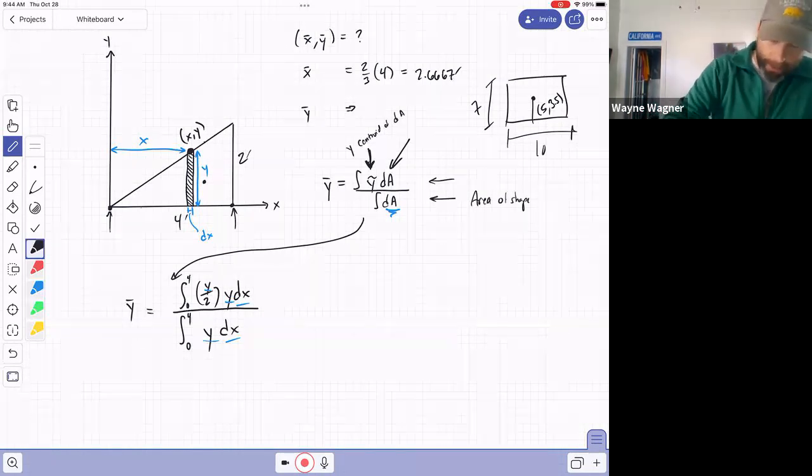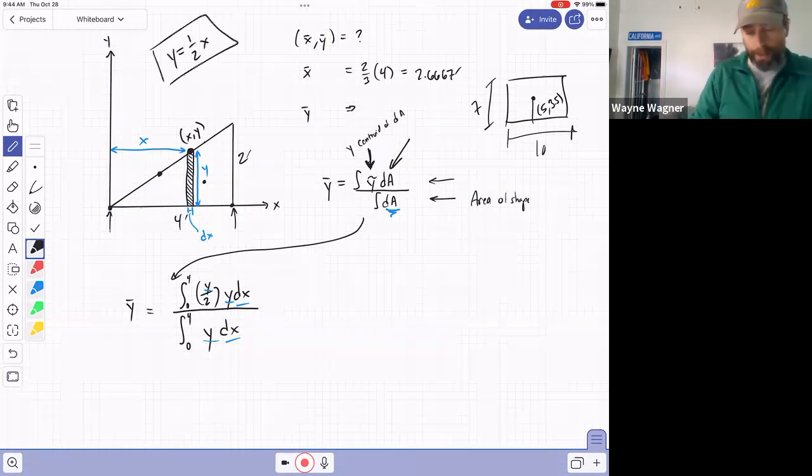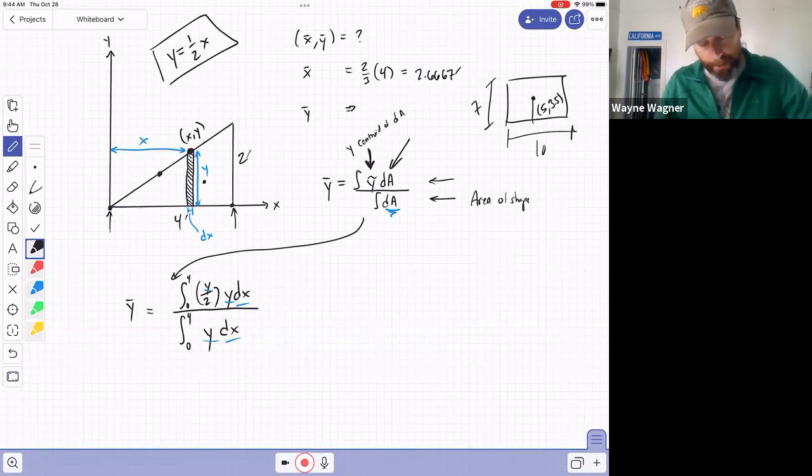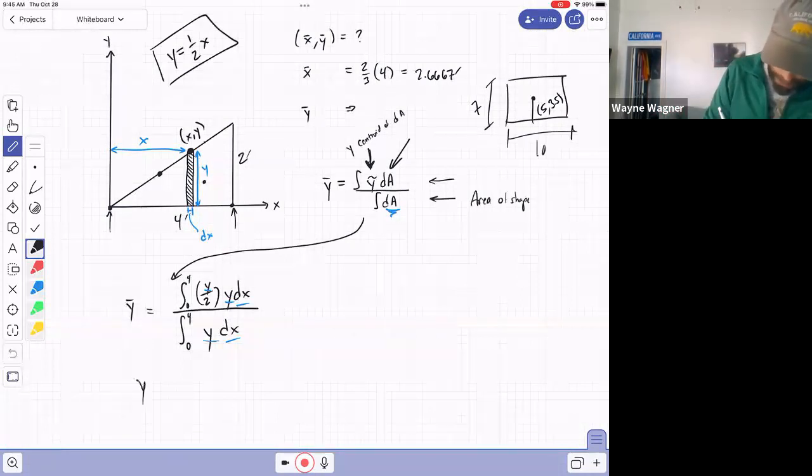So all the points along here, this is y equals mx plus b in this case. So the equation for this line is y equals 1/2 x, because the slope m is 2 over 4, and then b is 0. So what we would do to solve this is I would say, okay, y bar equals the integral from 4 to 0 of, well, let's see, I got that 1/2. I'm going to pull it out. I'm left with a y squared.